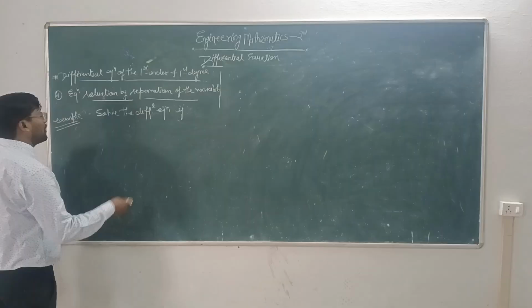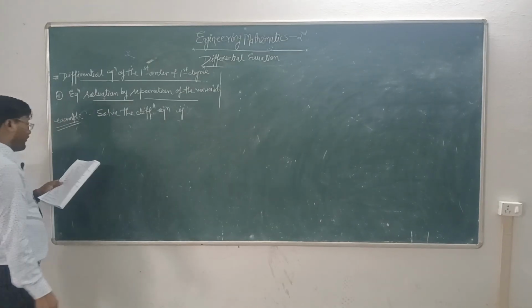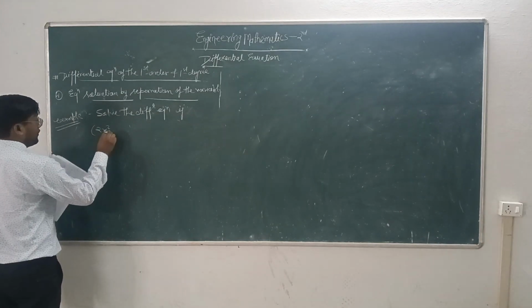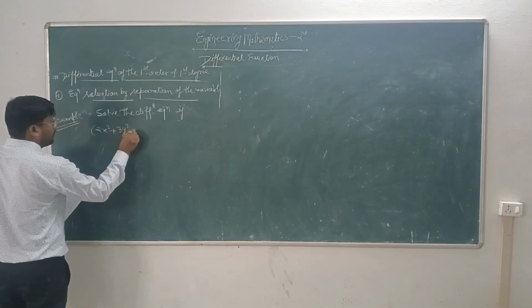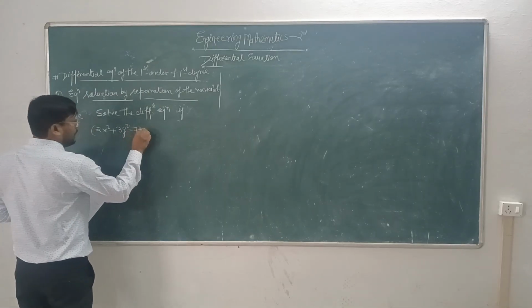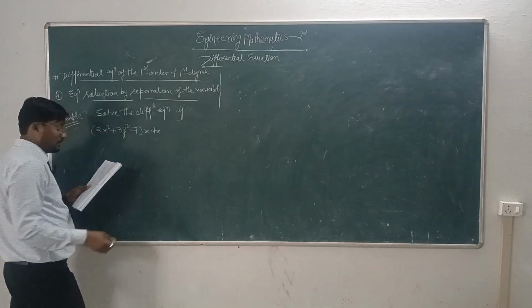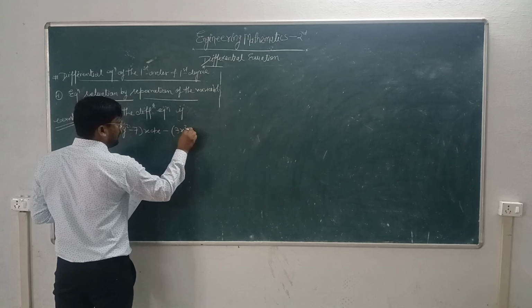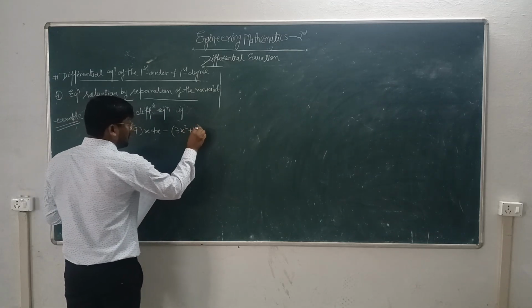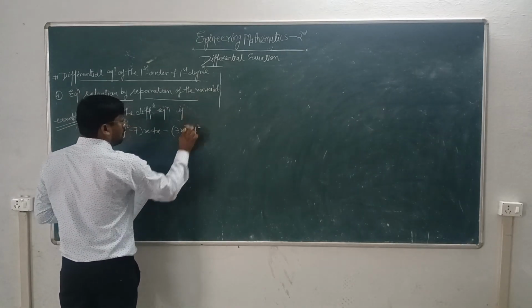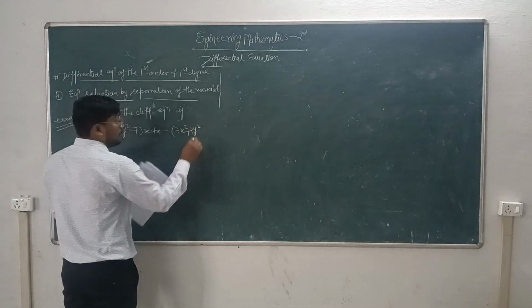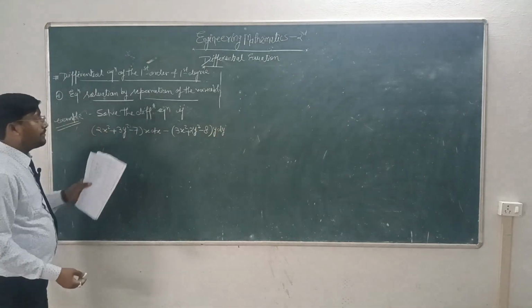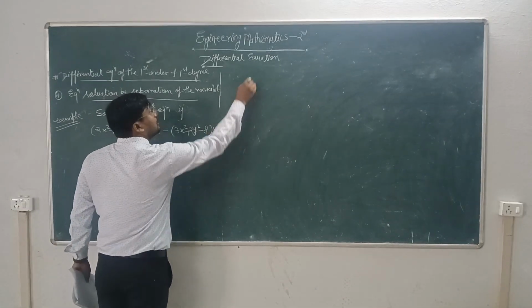Now this is just a variable. You can note down. Solve the differential equation (2x square + 3y square - 7)x dx minus (3x square + 2y square - 8)y dy is equal to 0.